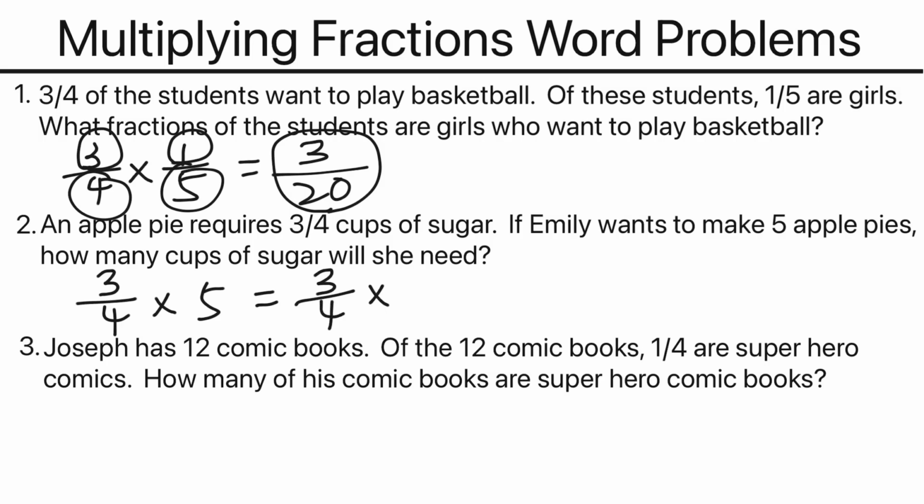So 3/4 will multiply by 5/1. Anytime we are converting a whole number to a fraction, we simply add the denominator of 1 underneath, and it will remain the same value, but we change it to a fraction. So this way, we can simply multiply across.